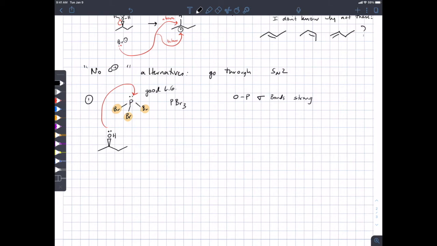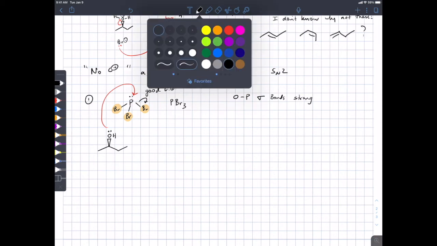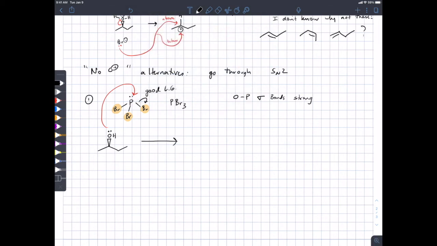And so it's actually quite thermodynamically favorable to replace a phosphorus-bromide sigma bond with a new phosphorus-oxygen sigma bond. Doing so converts the OH group into some weird, unusual structure that you might not quite know how to think of.